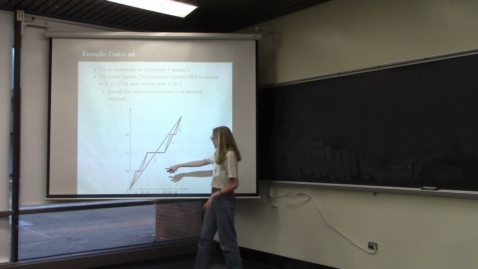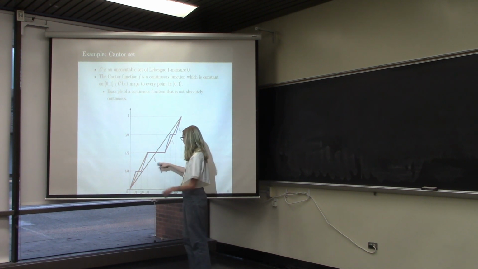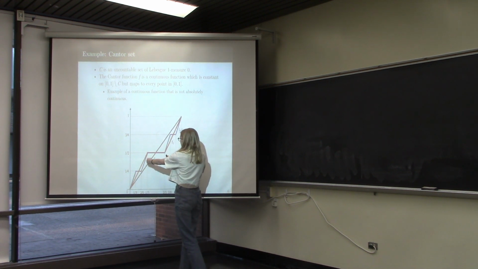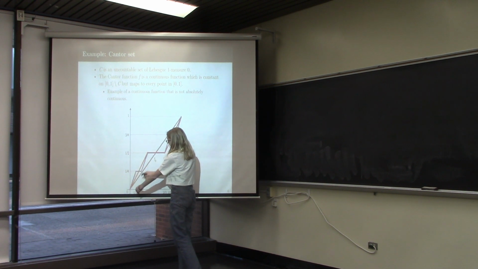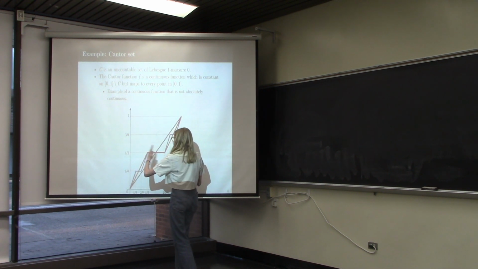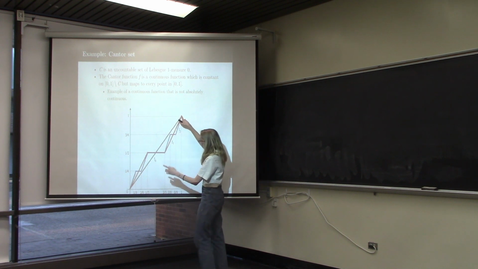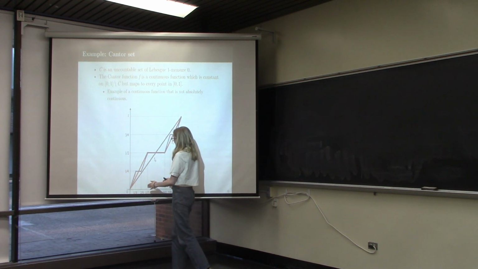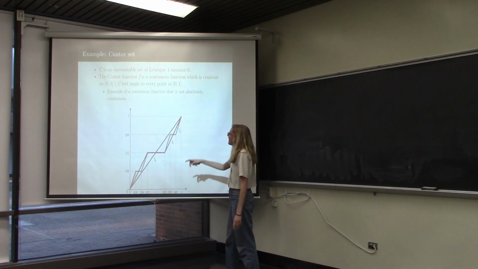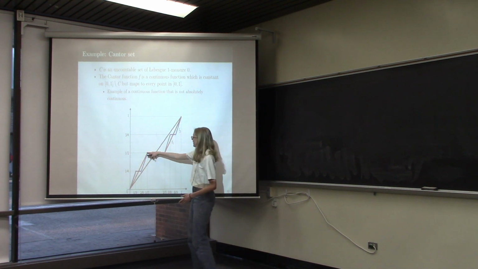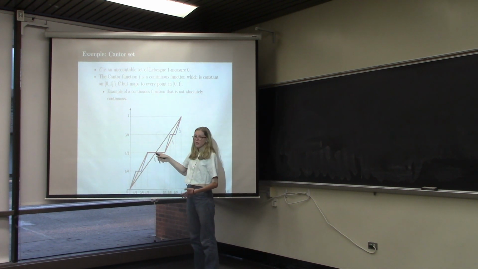On the parts you delete, you put the function constant, and in the sets that you keep, you just increase the slope. So it's sort of surjective onto [0, 1], but it is constant everywhere but on C, on the Cantor set.